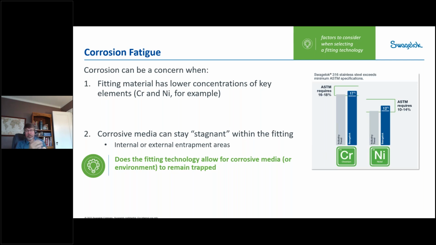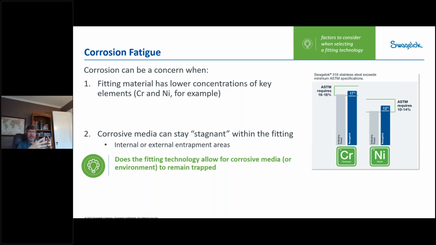The example I show here is the one I'm familiar with, which is Swagelok stainless steel, where we control our chromium and nickel at different amounts than a lot of industry standards to allow the fitting to last longer. A lot of fitting manufacturers do the same kind of thing. But the fitting design itself can determine how well the product lasts in a corrosive environment. And what we look for is, can the media or the environment, whatever the corrosive situation is, stay stagnant on the fitting?